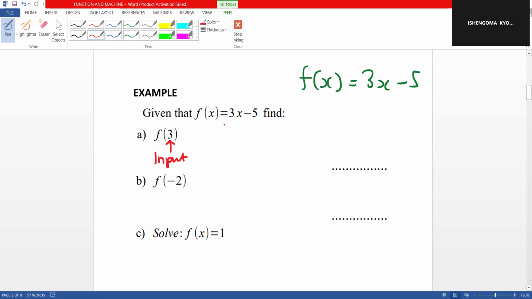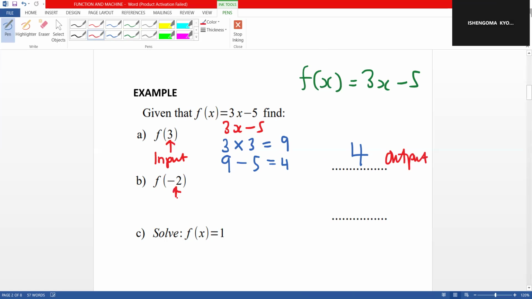Now from this function, which is 3x minus 5, we get our input 3, and we multiply by 3, we get 9. Then after getting 9, we minus 5, and we get 4. And 4 is our output, given 3 as input.